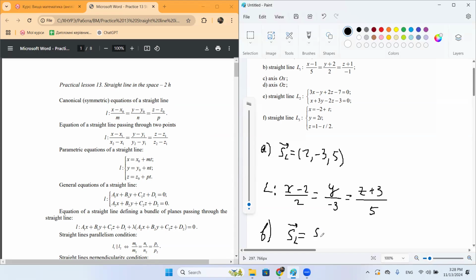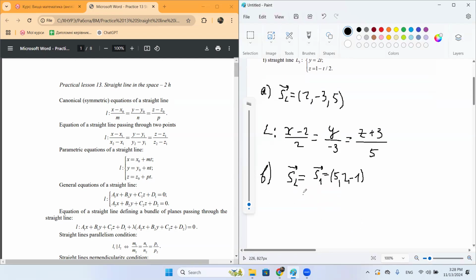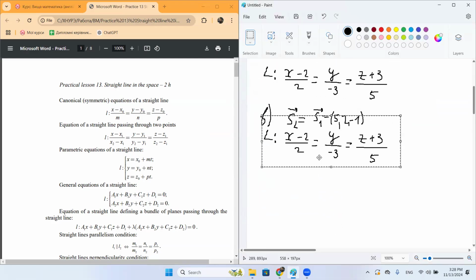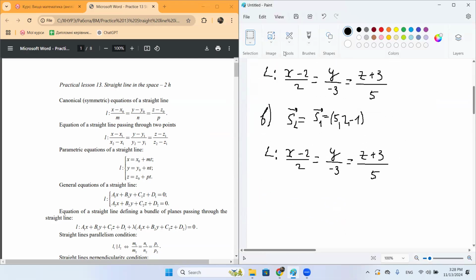Yeah, so basically that's a direction vector of this line. So 5, 2, minus 1. And we have as well everything to write down the equation. But what we change here is only the coordinates of the vector. So 5, 2, minus 1.